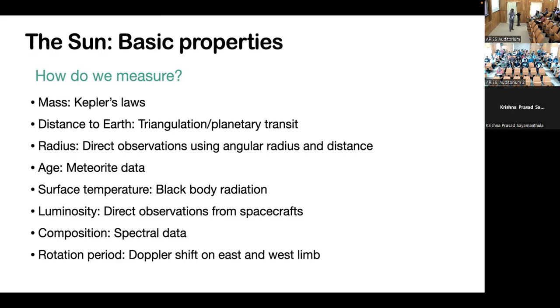But how will you know the Earth-Sun distance? That is about 1 AU, which I mentioned previously. Generally, all the stellar distances we measure using the parallax method, where you have a target star, and then you have field stars which should be very far away from this star.